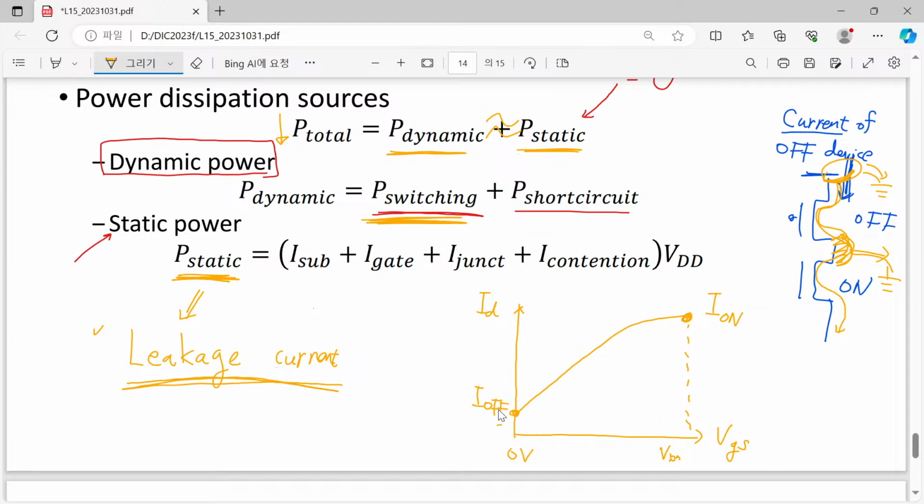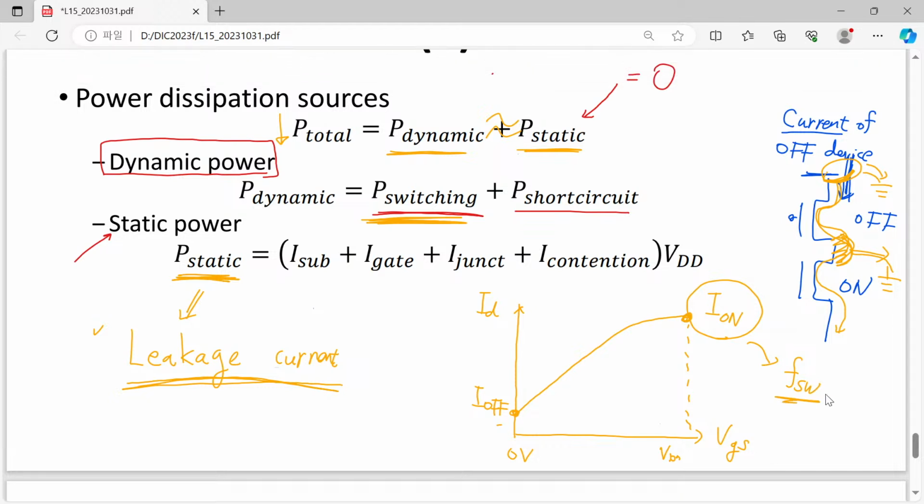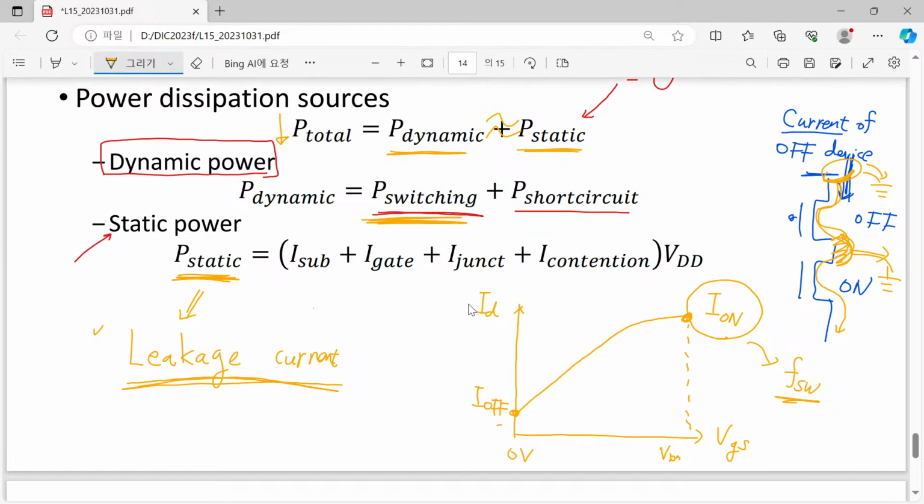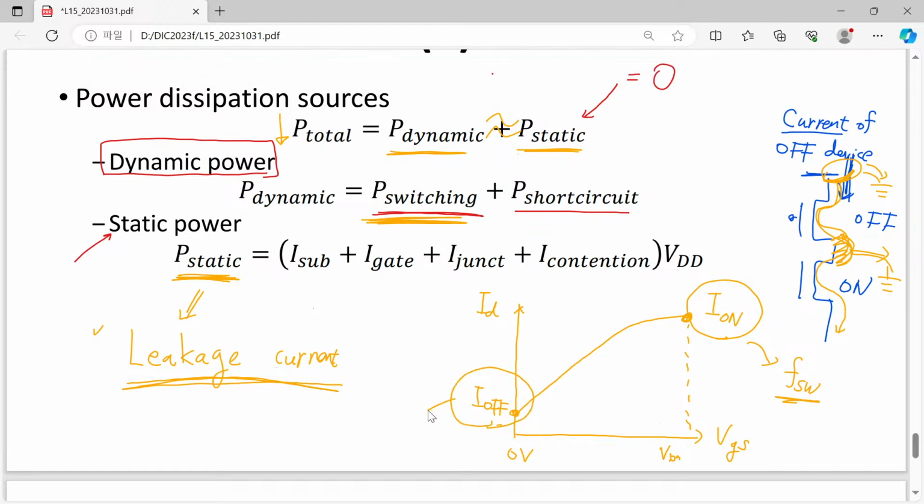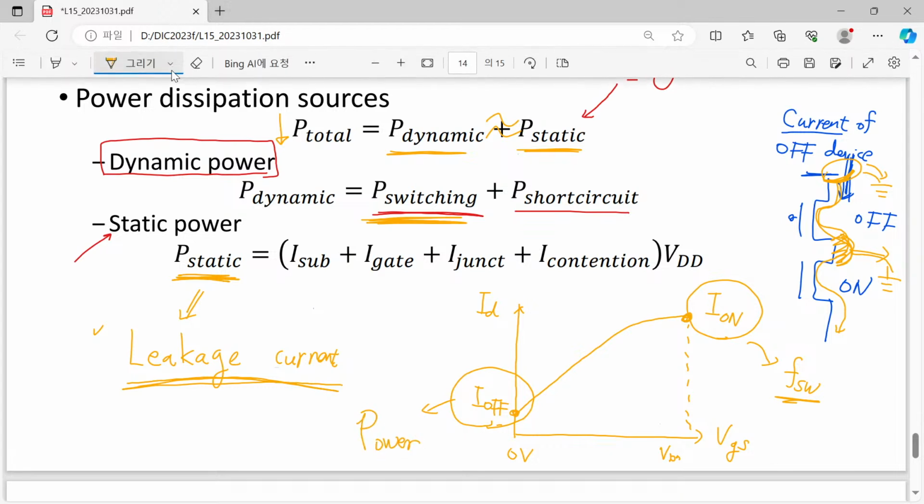The point is, I-on determines the maximum value of switching frequency. How fast can we charge and discharge this given load capacitor? However, this off current determines the power consumption. So now let's make a dream.